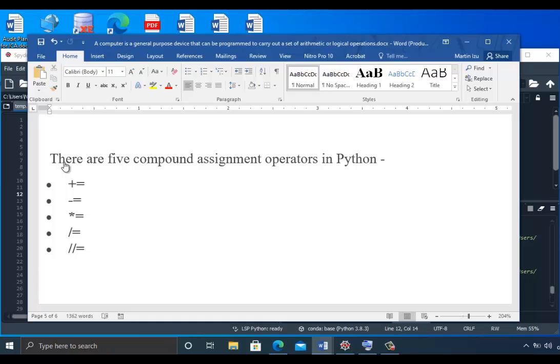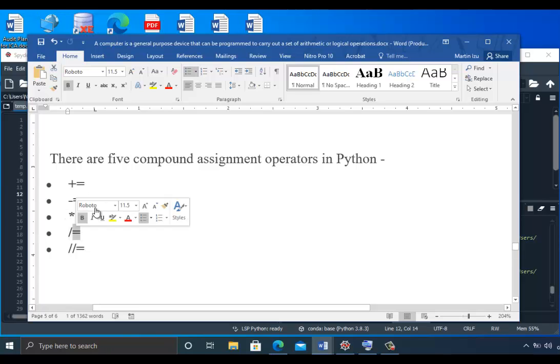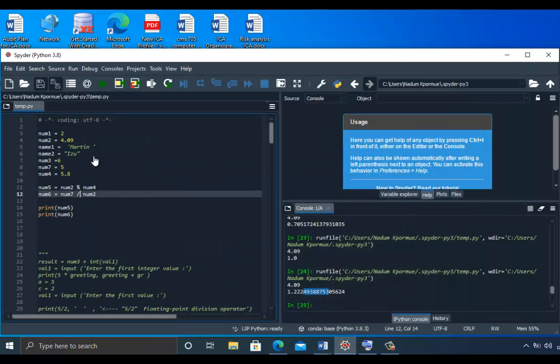Okay, two operators put together, and what we have here is the addition operator combined with the assignment operator, the subtraction operator combined with the assignment operator, the multiplication operator combined with the assignment operator, the floating point division operator combined with the assignment operator, the integer division operator combined with the assignment operator. So let's look quickly how they work.